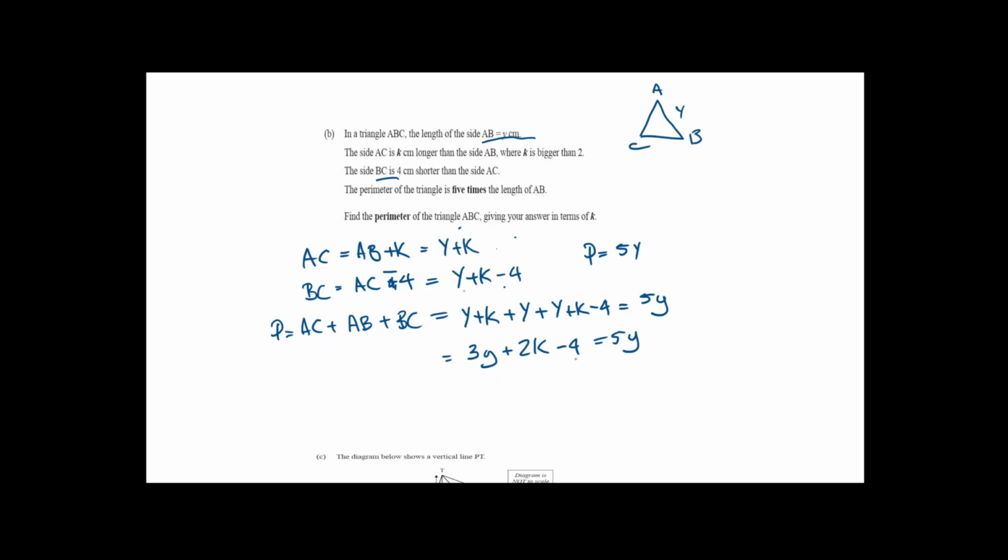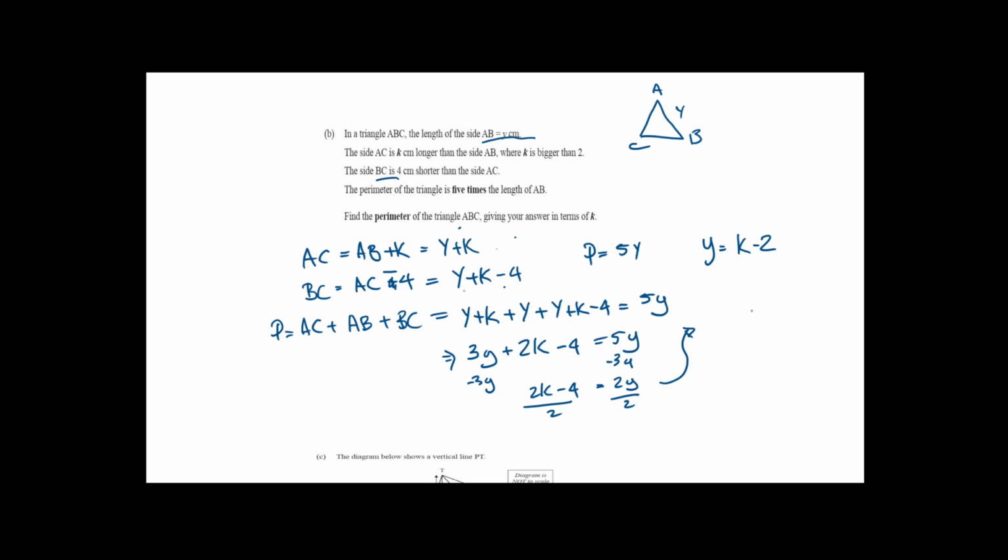Now we want to get rid of the y, so let's solve for y. So let's bring this 3y over. So 2k minus 4 equals 2y, and let's divide both sides by 2 here. So y is going to be equal to k minus 2, yes.